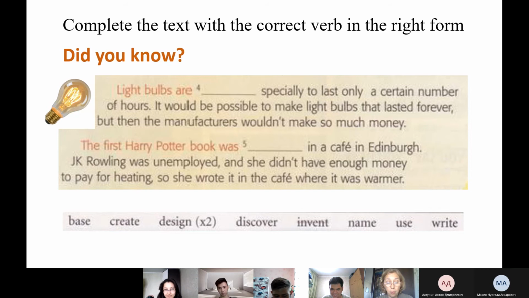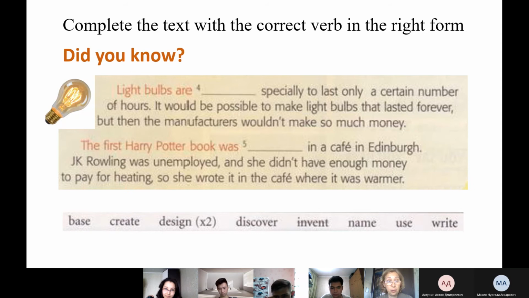So this is called built-in or planned obsolescence, то есть встроенное устаревание продукта, который специально создан для того, чтобы через какое-то время устаревать или ломаться, и люди вынуждены покупать заново что-то.